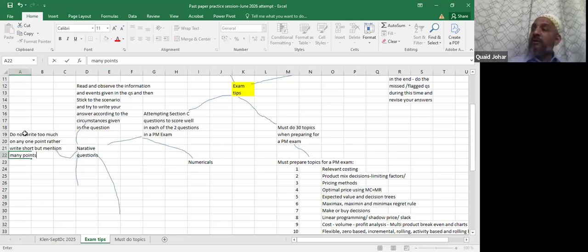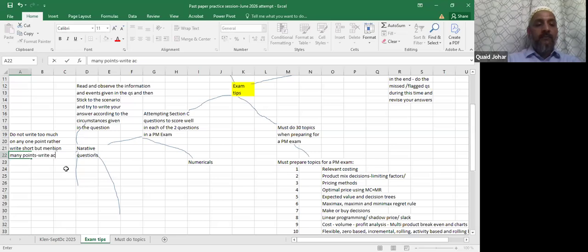But do see what are the marks being awarded in a particular question, right? So also see that write according to the marks mentioned against each requirement.